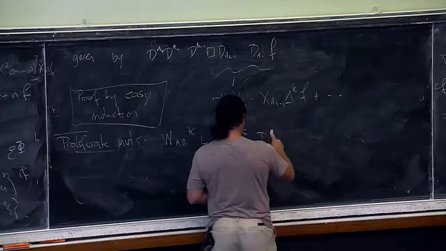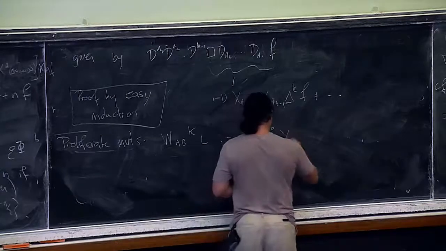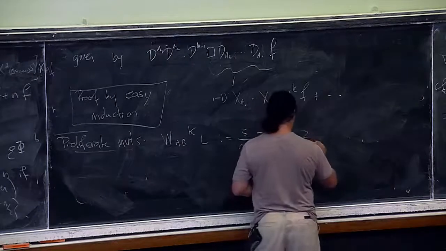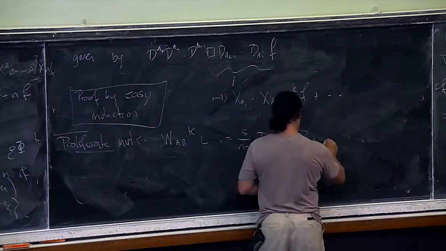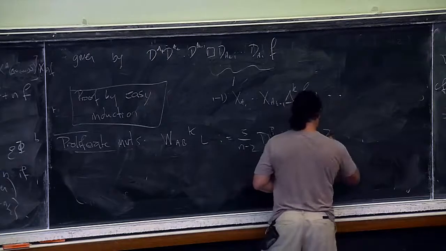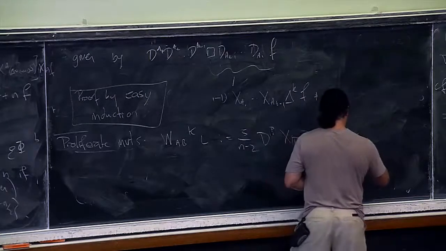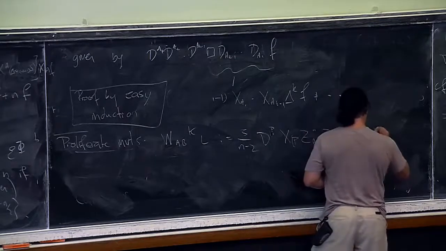This is this tractor D operator. Then this fundamental tractor X skewed with the Z's, contracted into the tractor curvature, A, B, K, L.